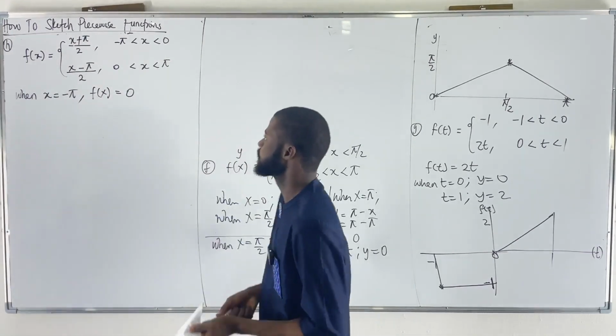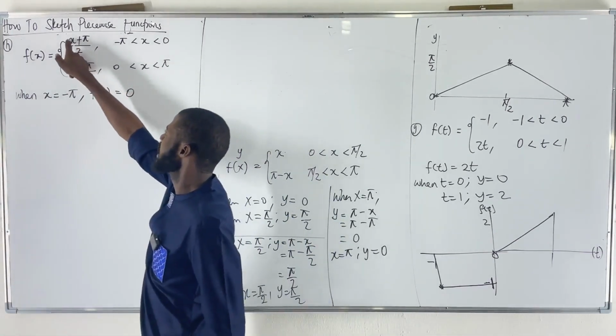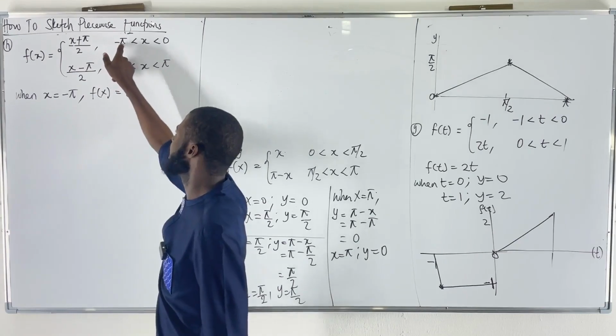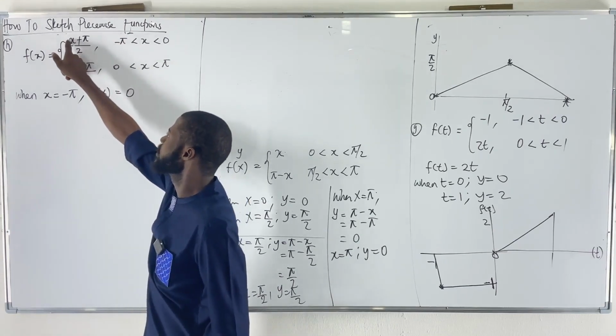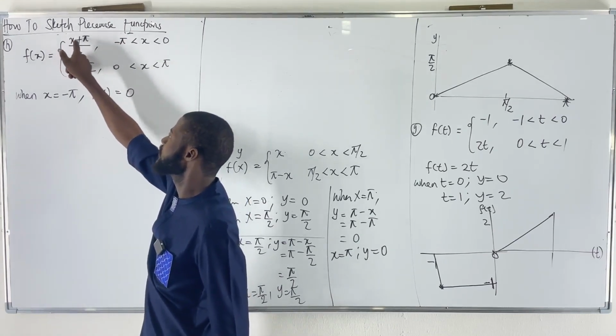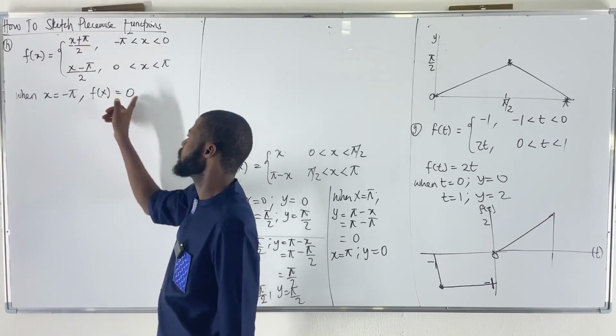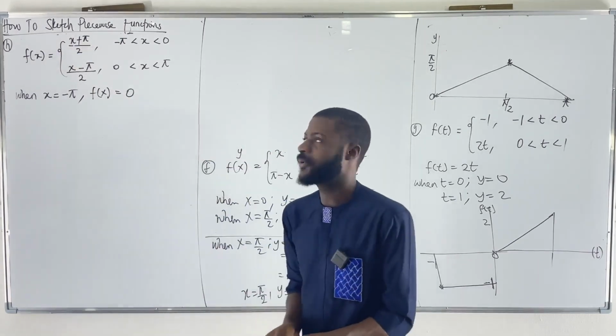Let me say that again. The function is x plus pi, right? And we now have that x is minus pi. So if you put x as minus pi here, minus pi plus pi is 0, and 0 over 2 is just 0. So that's the first point.